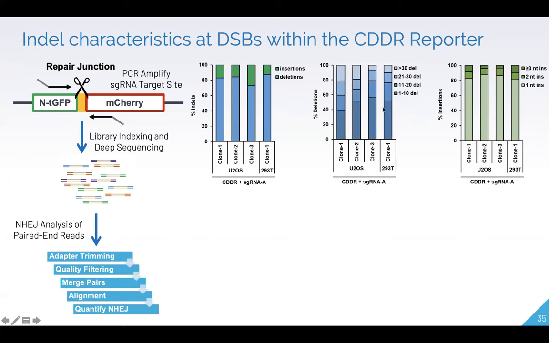So here in four different clones, the bulk of the deletions are about 20 to 30 nucleotides, and a much smaller number are greater than 30 nucleotides long. You can also see how many insertions there are at these sites. Remember, because each cell has one copy, each read basically represents one cell.